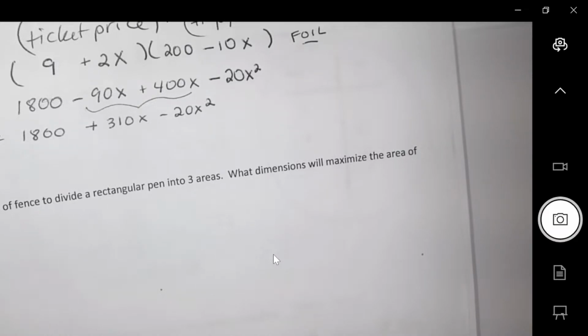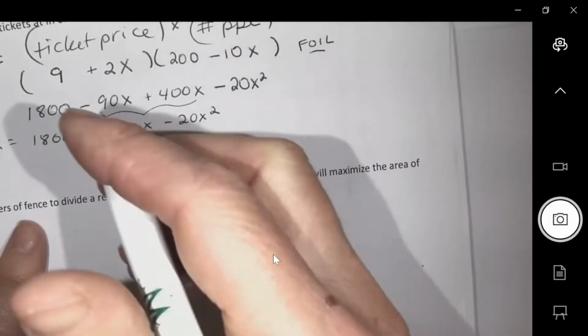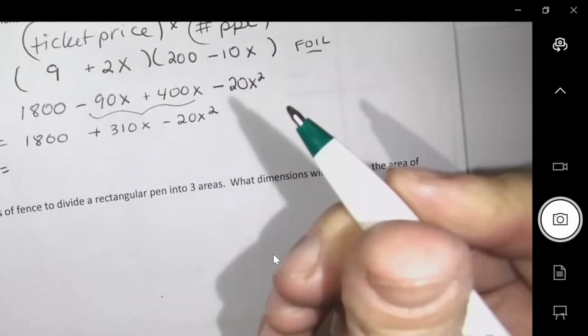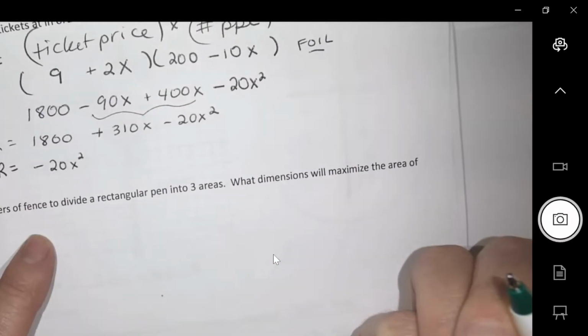This is for sure on your test, yep. Do you like the way it looks, or do you want me to move it around? Because often when we've been looking at them, we do our A, our B, and our C, right? We go in order. So you can leave it like that. That's fine. If you are a person that has to see stuff differently, you can do the minus 20x squared first.